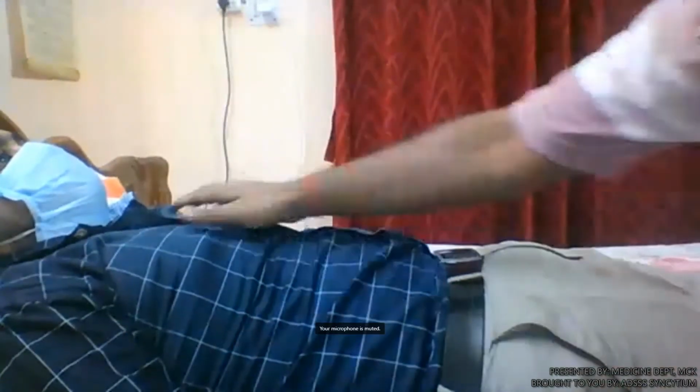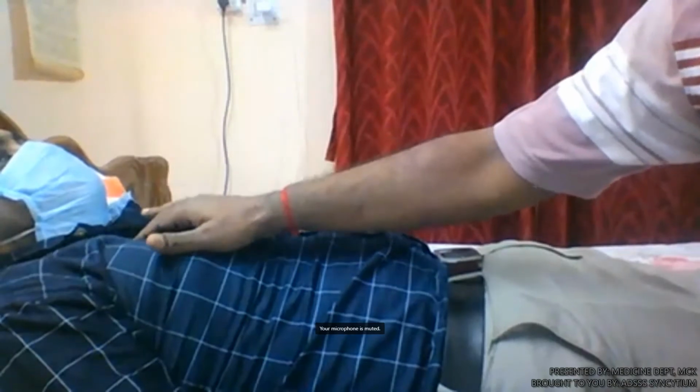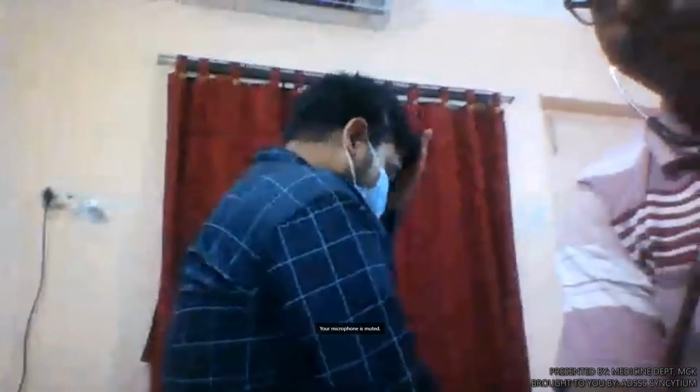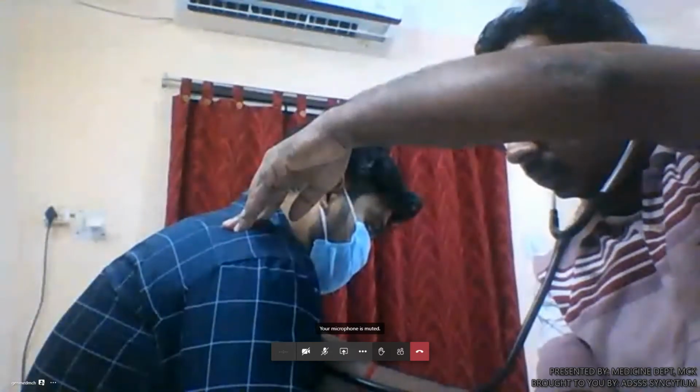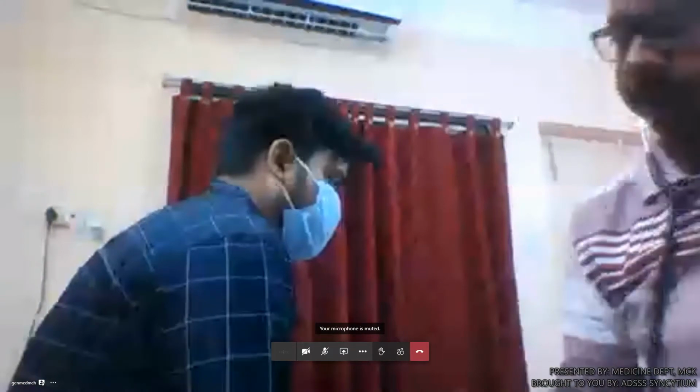Now, when we auscultate the base of the heart, meaning the pulmonary and aortic area, the patient will sit and lean forward. Okay, and then we auscultate the pulmonary area and aortic area.